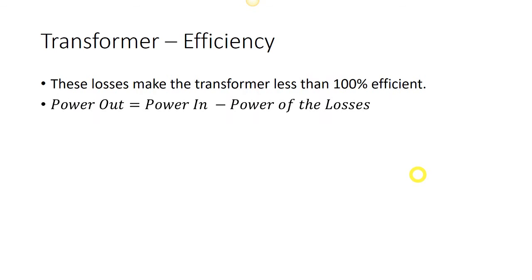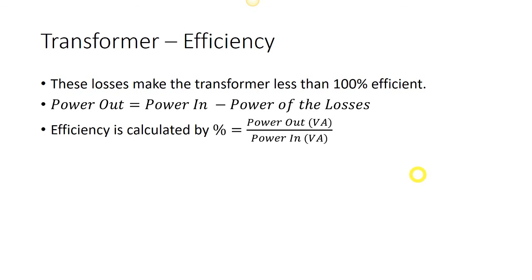So we're going to have a certain amount of power losses due to those three: the eddy current, hysteresis, and flux leakage losses. And we're going to have to subtract those from the power that we put in here. So we're going to have a reduced power out.